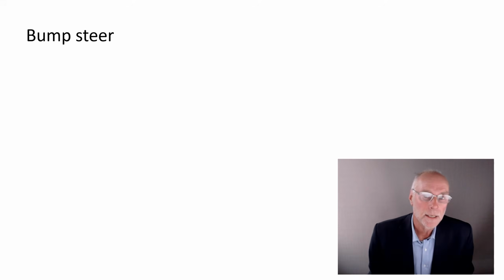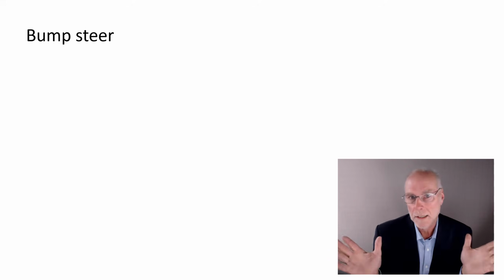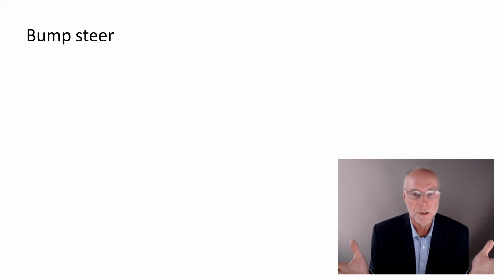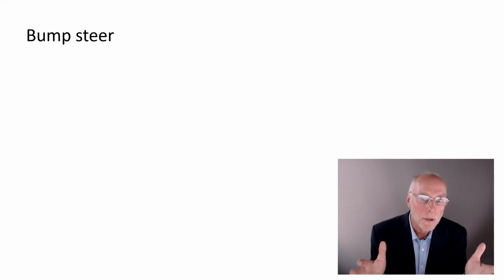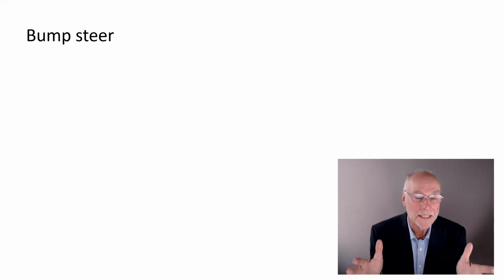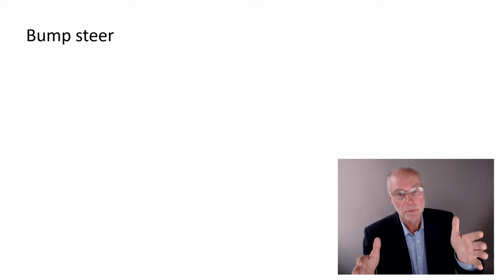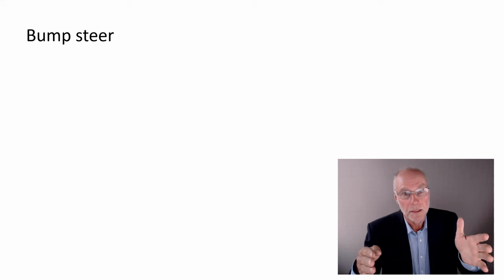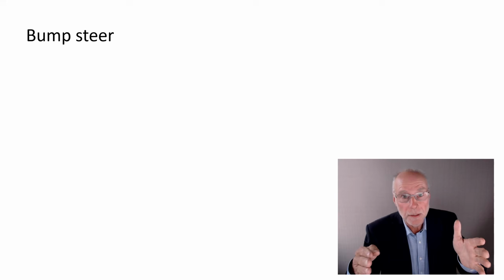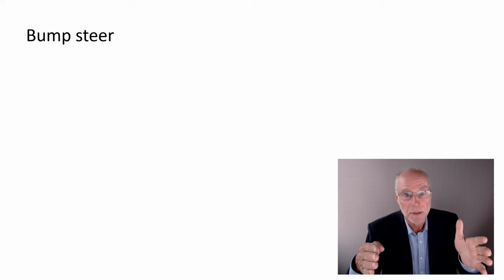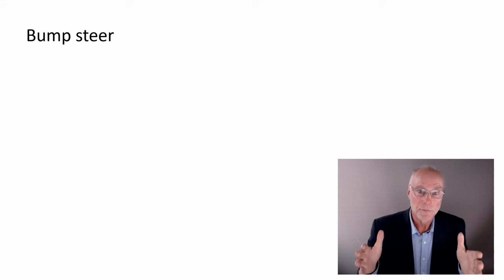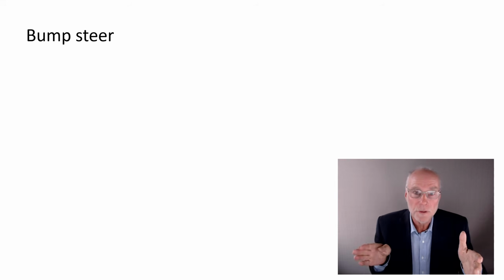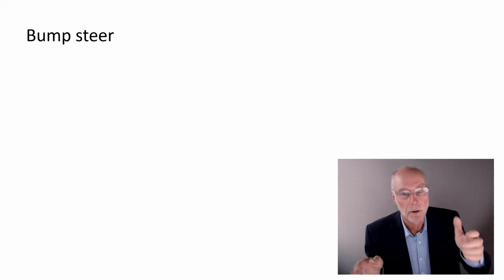Now, this is tricky because all cars these days have bush deflections built in that cause some degree of bump steer. Normally, roll understeer. So as the car rolls, the front of the front wheels turn in a little bit on the outside. Okay, the opposite would be roll oversteer, and this is often characterized by the back wheel toeing out a little bit in roll.